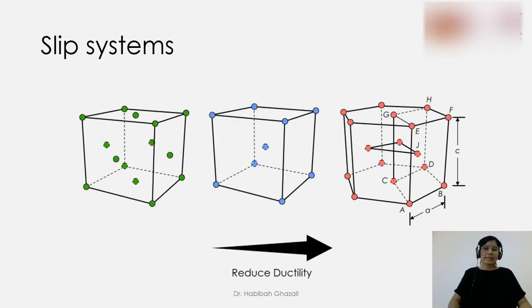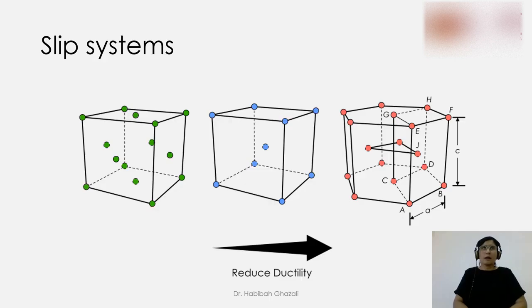Between the three crystal structures of metal, FCC, BCC, and HCP, FCC has the highest number of slip systems, followed by BCC and HCP. Therefore, the ductility of FCC is far higher.